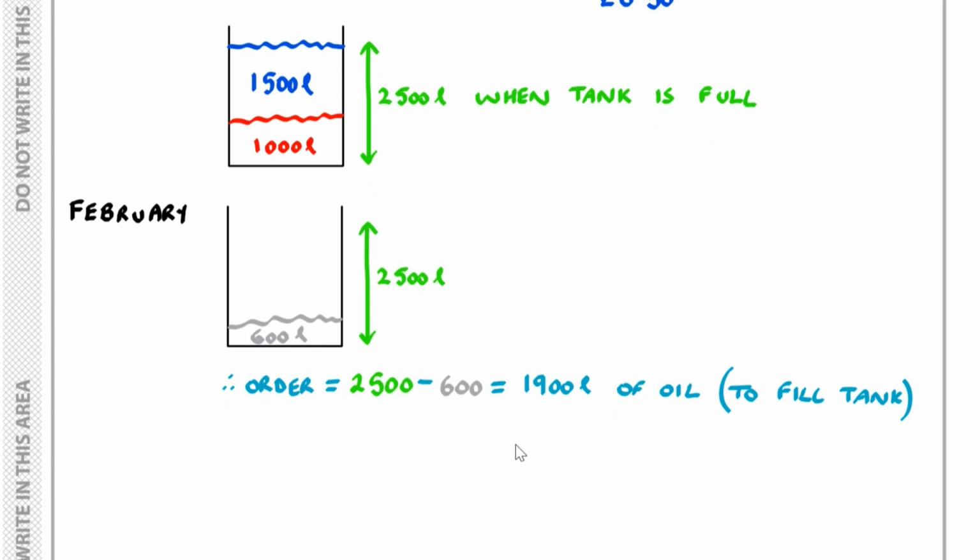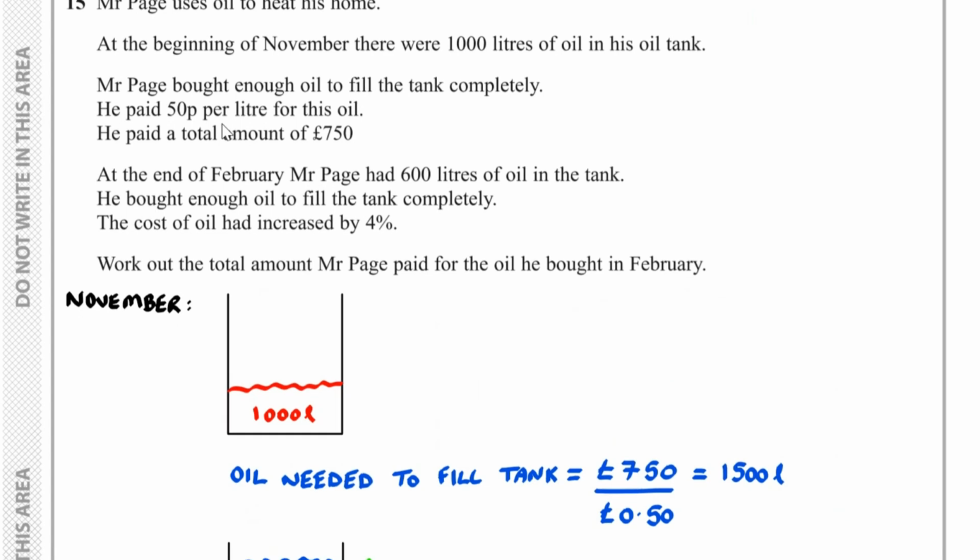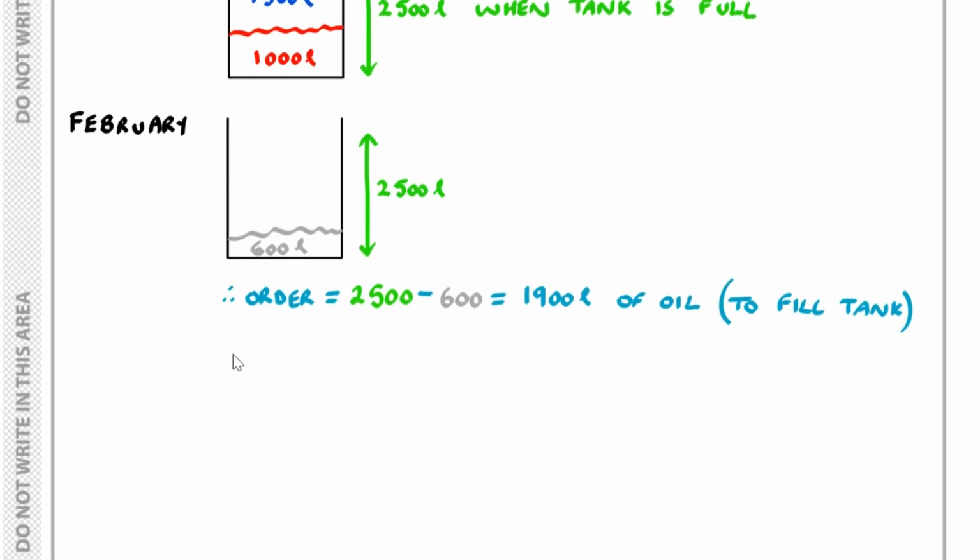And what we need to do is find out how much it would cost. And we know the cost of oil increased by 4%. So if it's 50p per litre before, the cost to fill the tank, well, we've got this 1900, and then I need to multiply this by the new cost, which is 50p times 1.04.